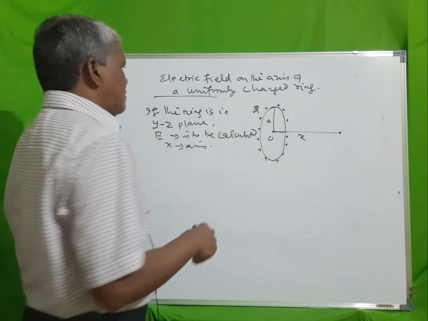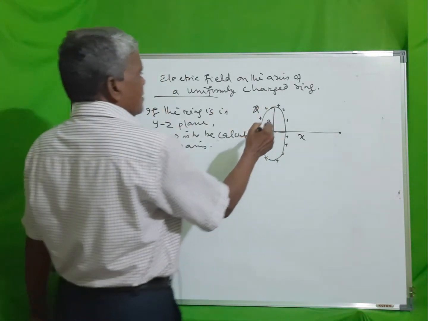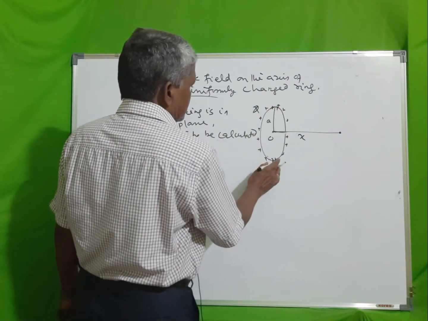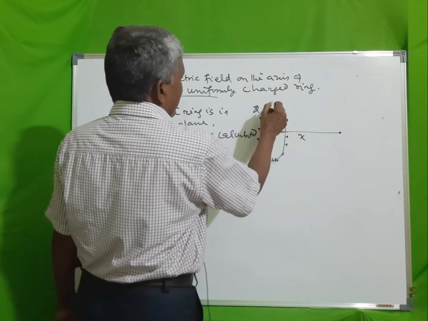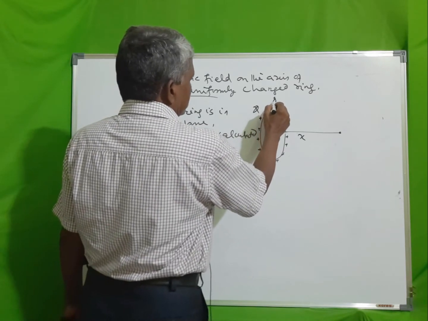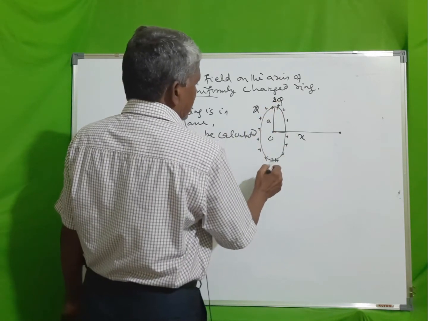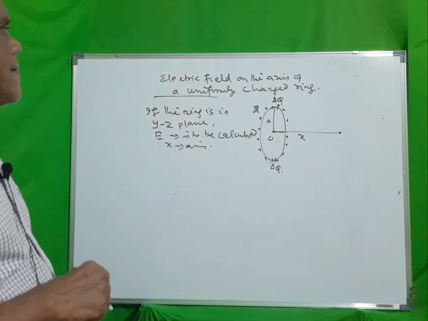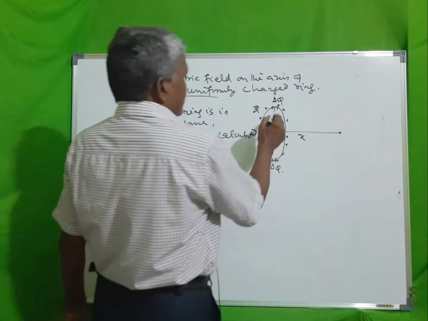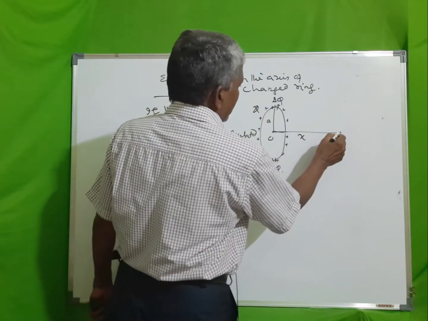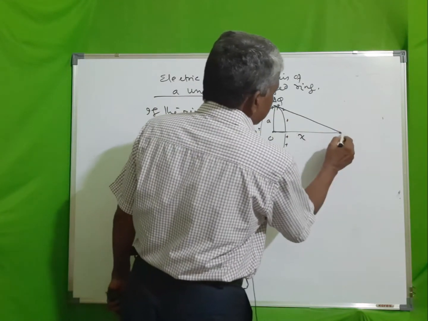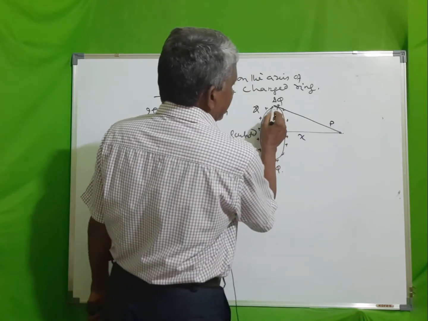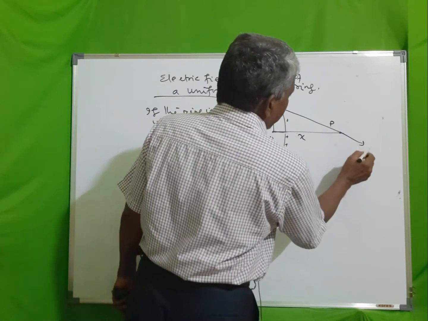This ring can be divided into small elements. Let delta Q be the charge of this element. Now for the point P, the electric field due to positive charge will be away.